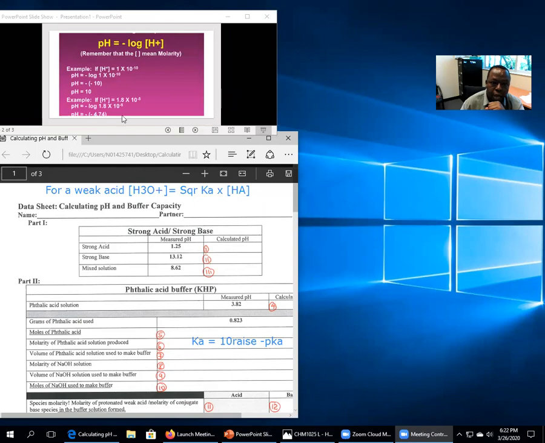Forget about example number one. The concentration has two significant figures, so pH should have two places of decimal. The number of significant figures in the concentration of hydronium is the same as the number of places of decimal in your pH value.